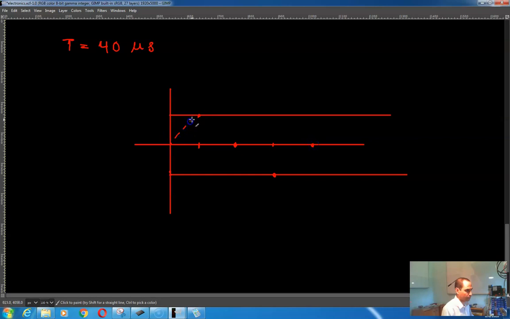It goes from 0 to 1, and these are supposed to be drawn better than this, but essentially it would look something like this, right?